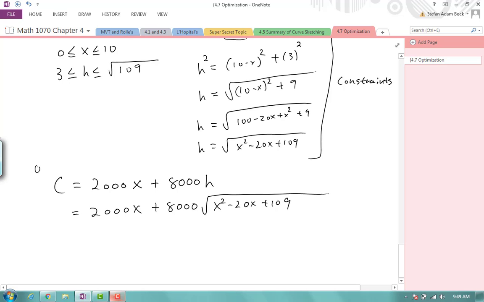So that right there is my objective function. And I want to minimize that.